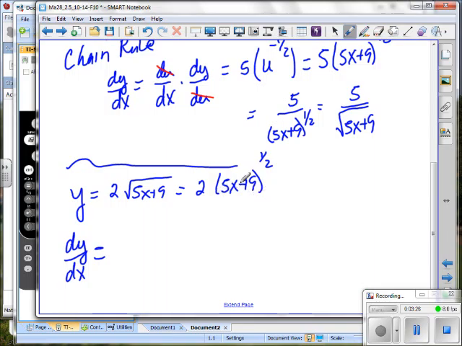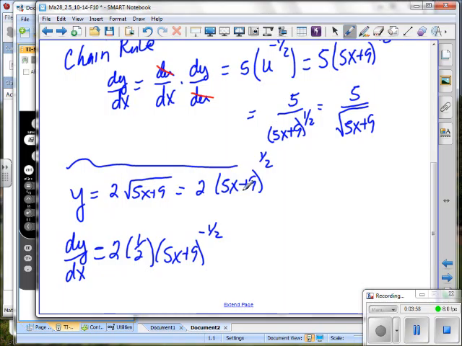Yeah. Again, if I put some smiley faces here and ask you what's the derivative of 2 times something to the 1/2 power, you'd probably say it's 2 times 1/2 times that something to the negative 1/2 power. Figuratively, put little smiley faces in there and cover that stuff up, because it's just something to the 1/2 power.